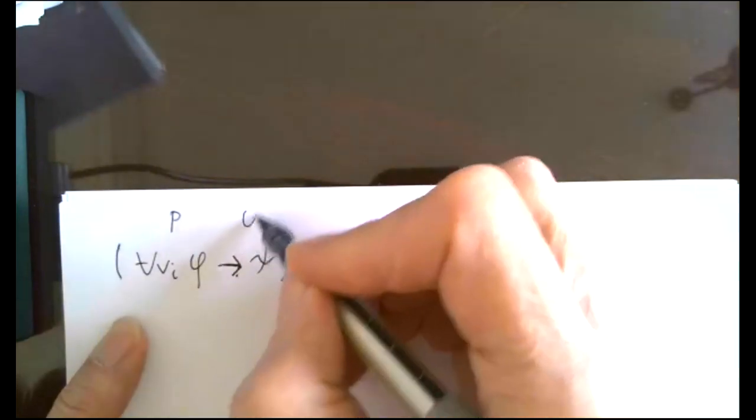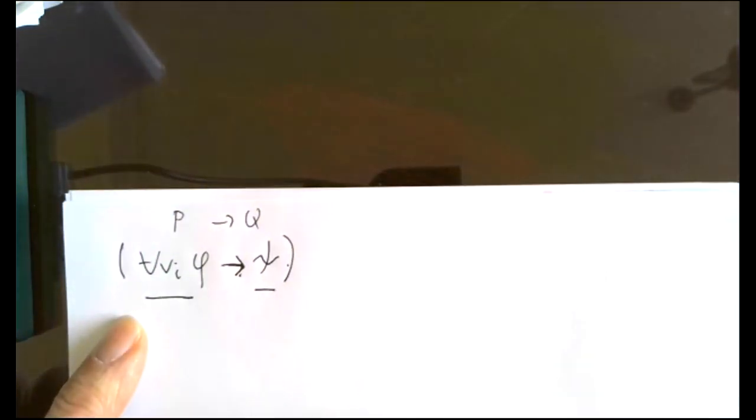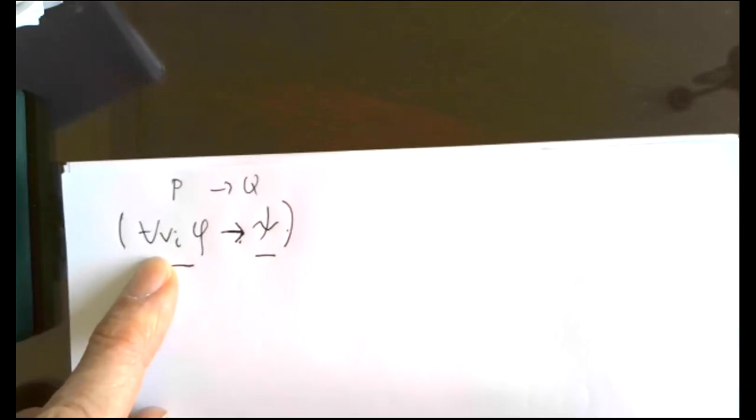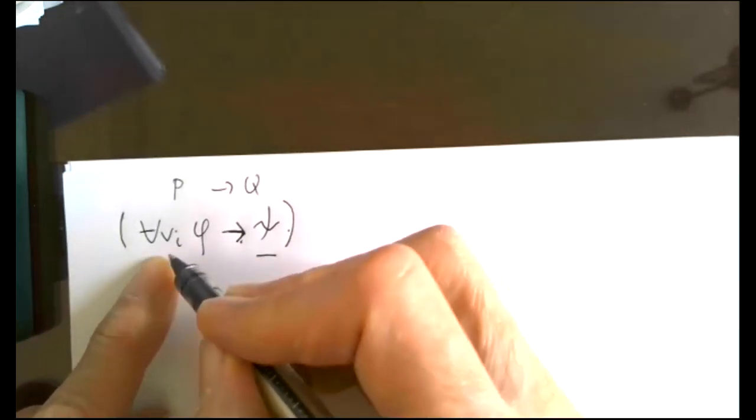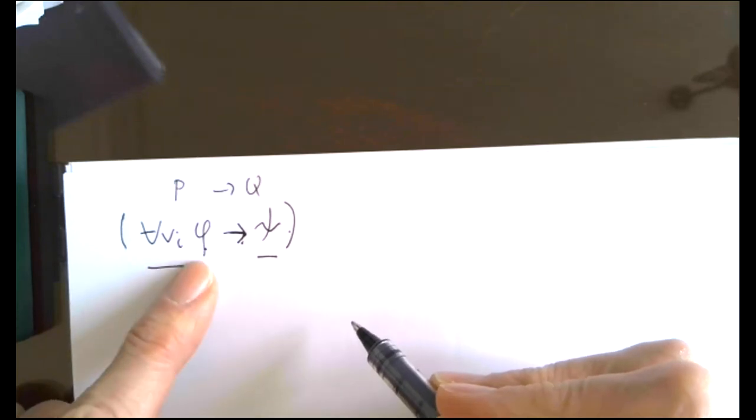But this is p arrows q, and this is the p, and this is the q. So there's no intention here that this for all has any effect on this psi. As we saw in the definition of a quantified formula, the quantifier applies to the formula that immediately follows it. So in that case, it's this.